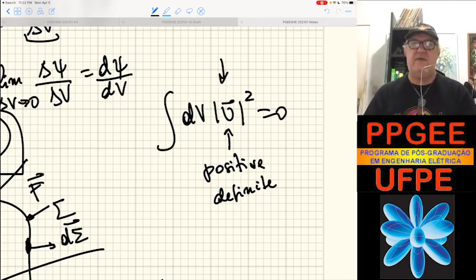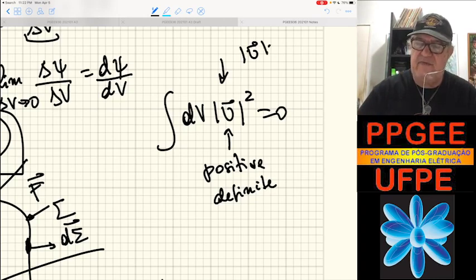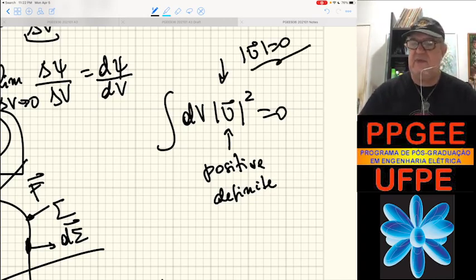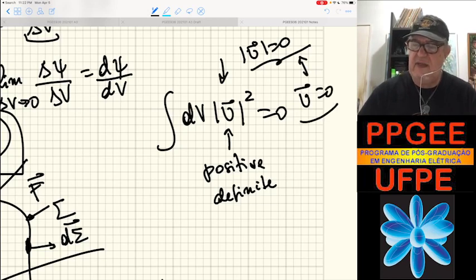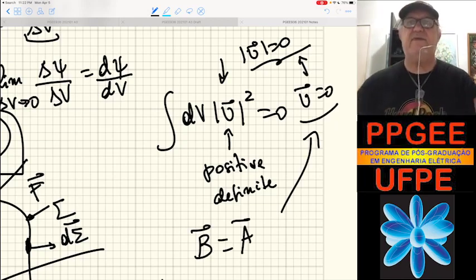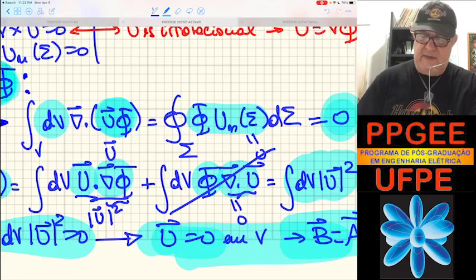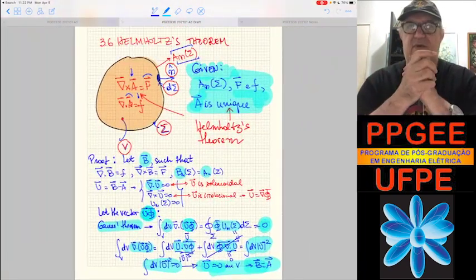So there's only one way to have a 0 integral of something that is always positive. The only possibility is that the magnitude of U equals 0. So U itself has to be equal to 0. U equals 0 means B equals A itself. So there's only one vector that has this property. That proves Helmholtz theorem.